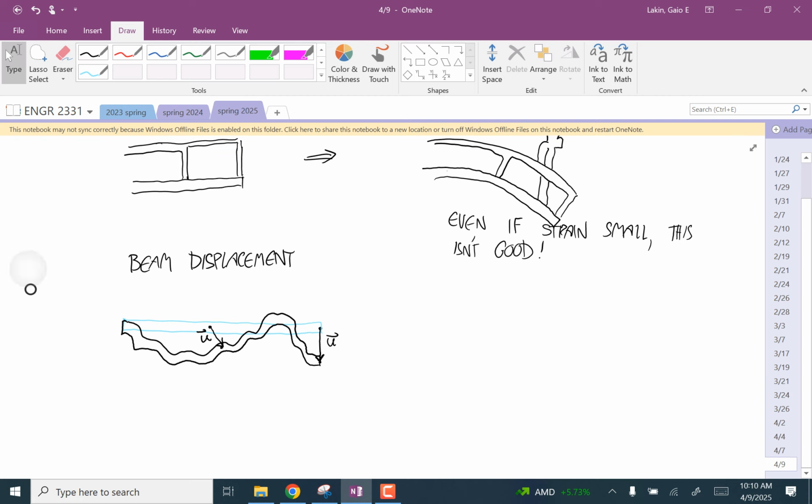And at each point, the total displacement vector is equal to the displacement vector due to internal tension plus the displacement vector due to thermal changes, which is a new one that we're going to see here, plus the displacement vector due to a bending moment.